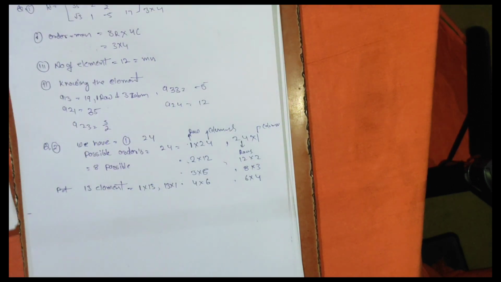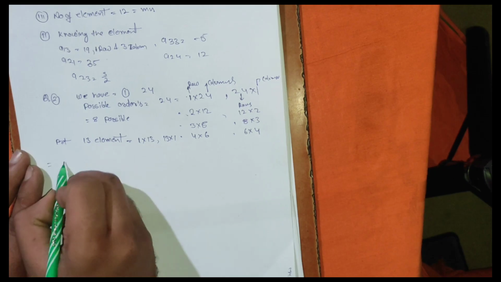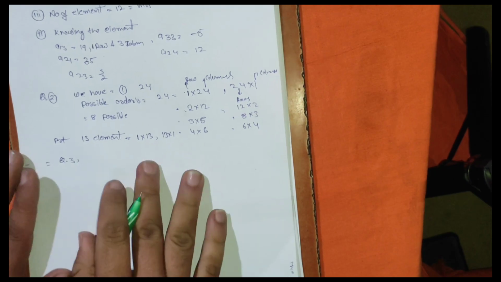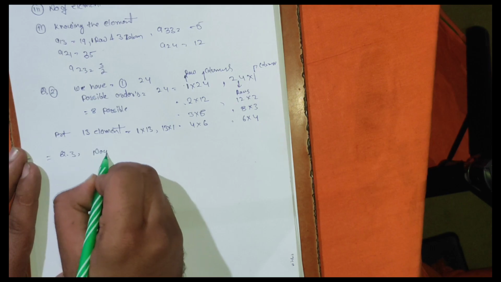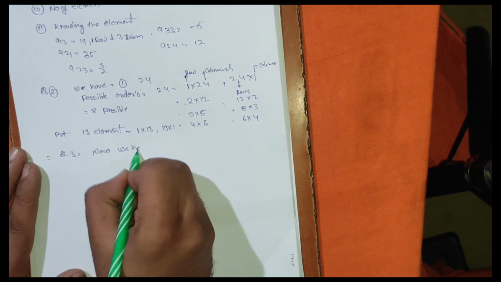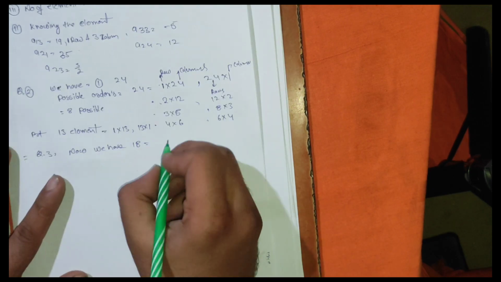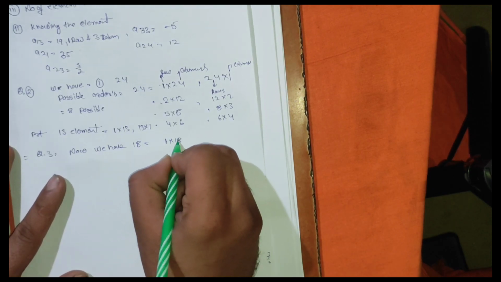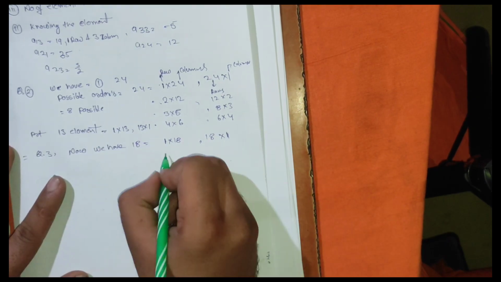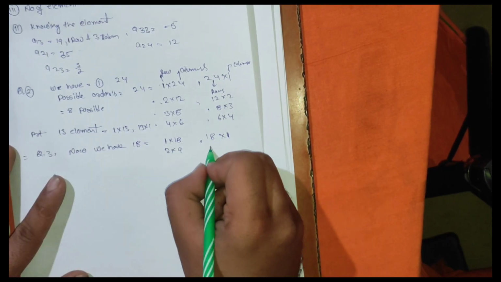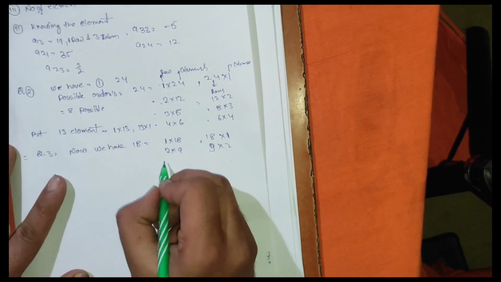Okay, simple. Now for question number 3, we have 18 elements. The possible orders are 1 by 18 and 18 by 1, 2 by 9 and 9 by 2, because it has 9 rows and 2 columns.